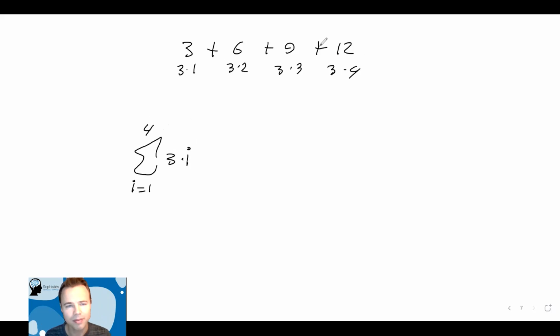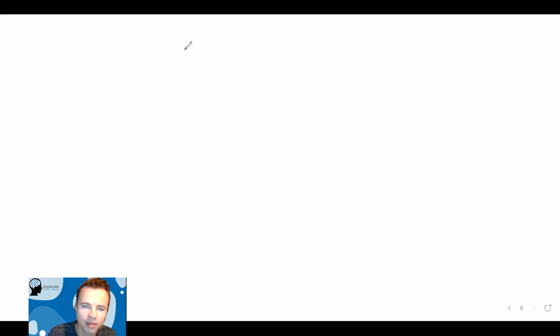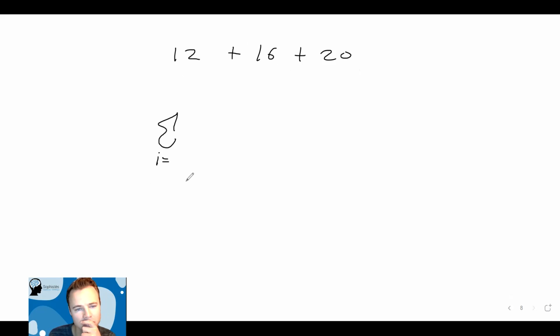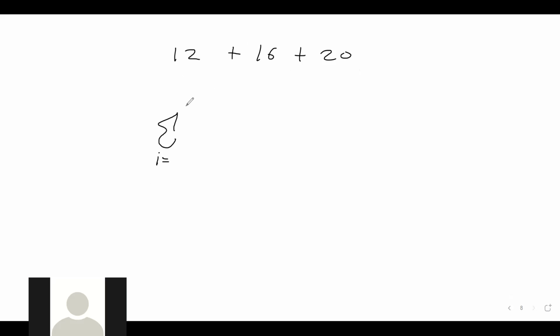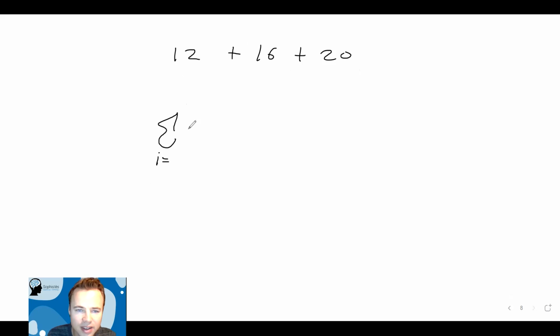Do you want to have another one? Here's another one. 12 plus 16 plus 20. What is the summation that corresponds to it? i is 3.